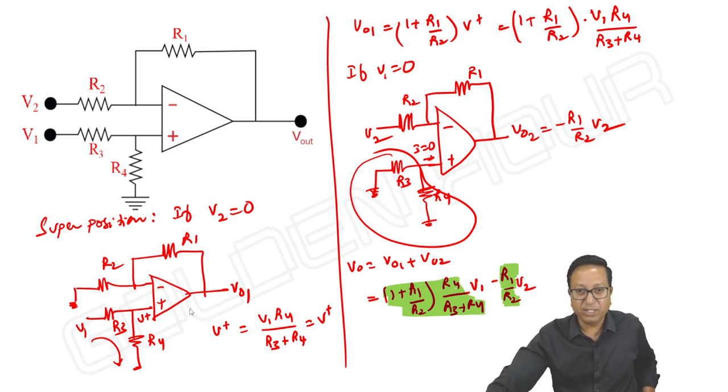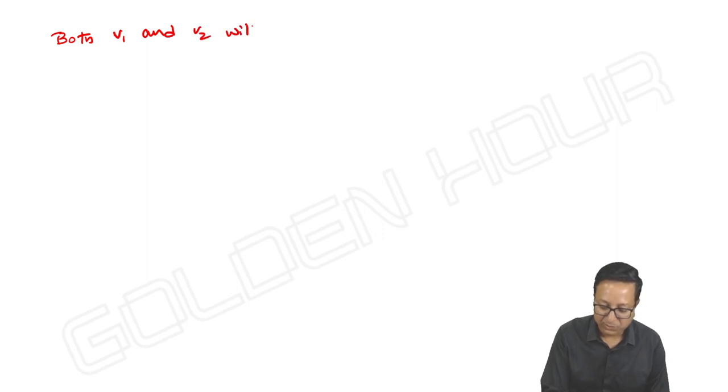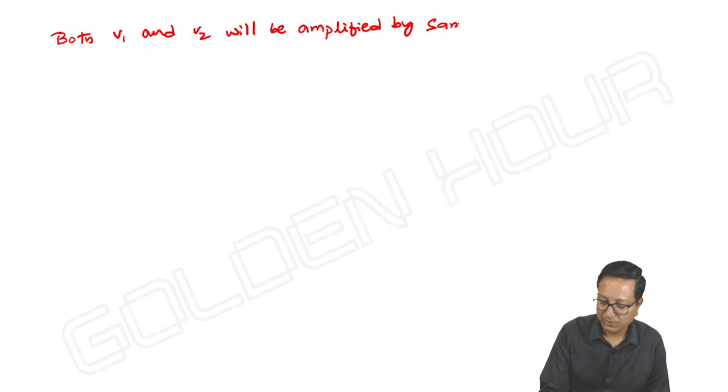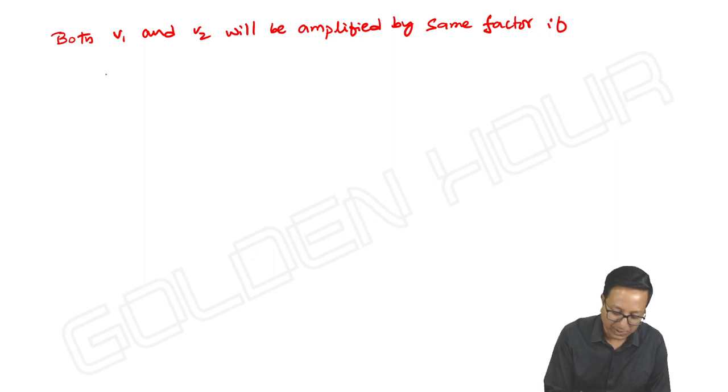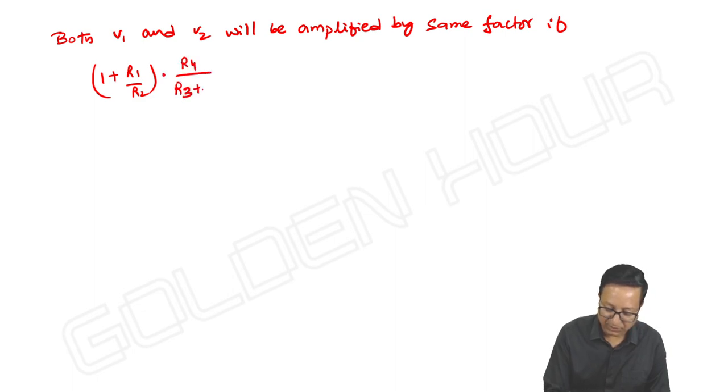So V1 and V2 will be amplified by the same factor if and only if 1 plus R1 by R2 multiplied with R4 by R3 plus R4 is equal to R1 by R2.